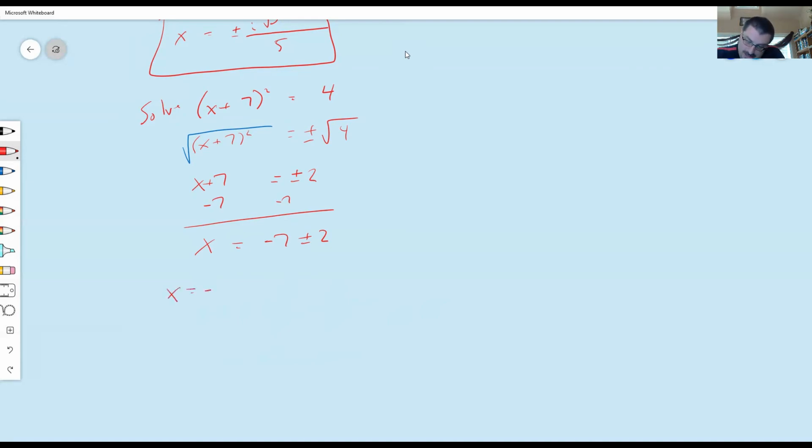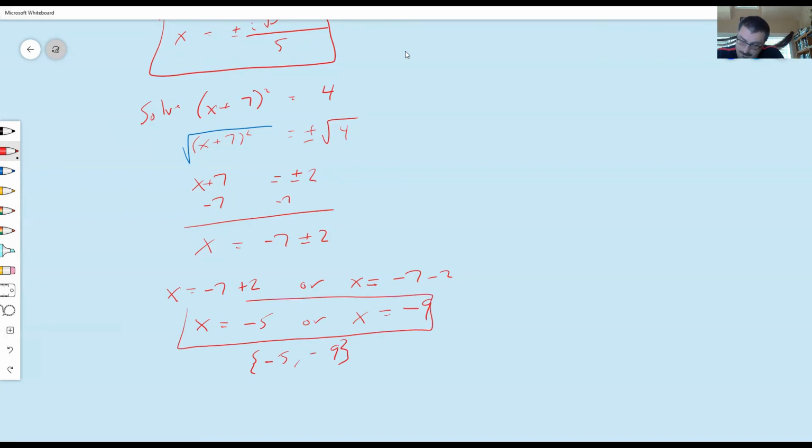So x equals minus 7 plus 2, or x equals minus 7 minus 2. Minus 7 plus 2 is minus 5, or minus 7 minus 2 is minus 9. So our solution set is minus 5, minus 9. So you can write it either way.